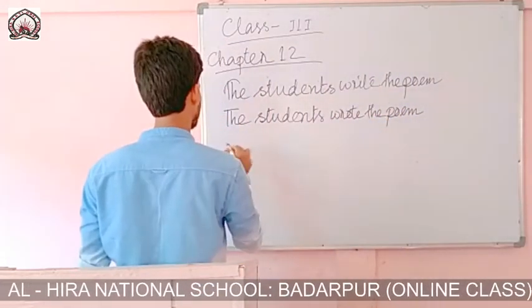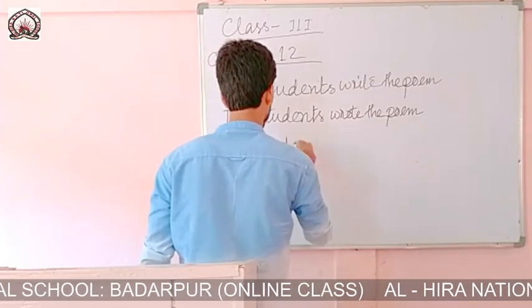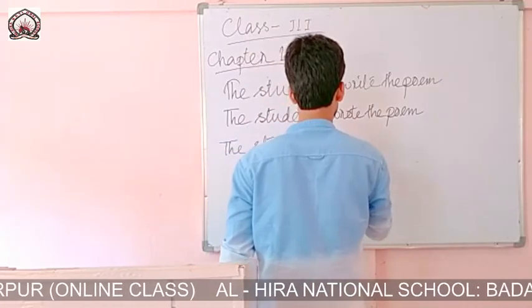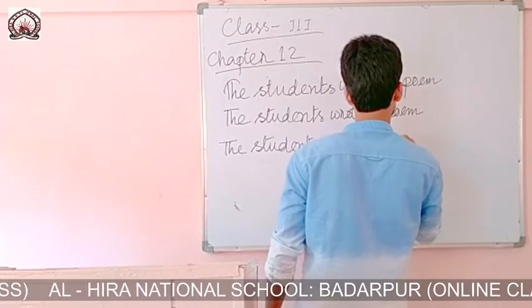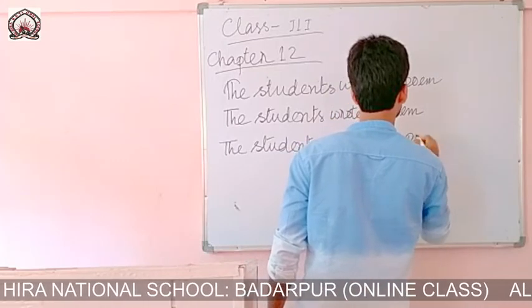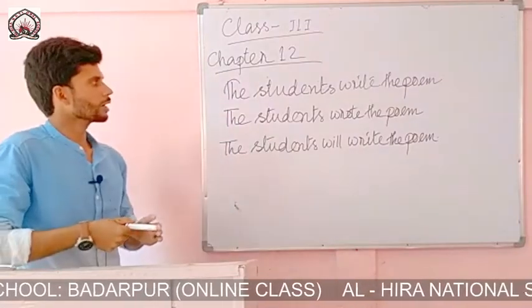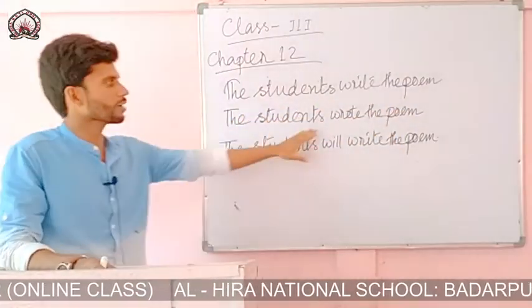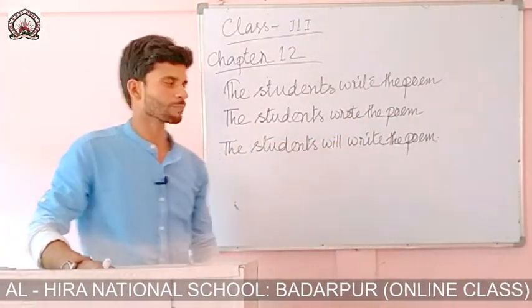And the next and the last one is: the students will write the poem. Here you see the students write the poem, the students wrote the poem, and the students will write the poem.